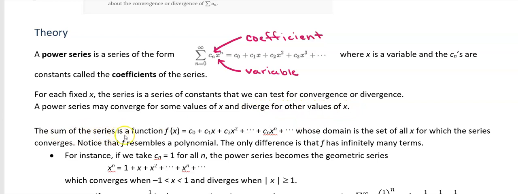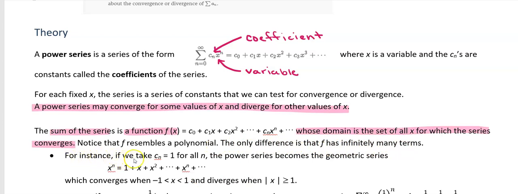The sum of the series is a function, f of x, which equals c sub 0 plus c sub 1 times x plus c sub 2 times x squared plus all the way to c sub n times x to the nth power plus, and it goes to infinity, whose domain is the set of all x values for which the series converges. Notice that f resembles a polynomial. The only difference is that f has infinitely many terms.